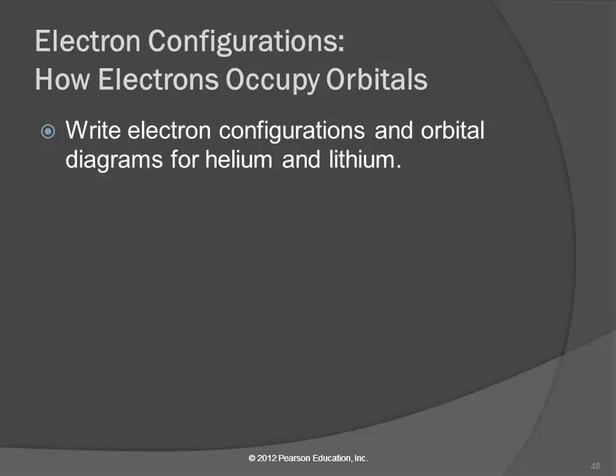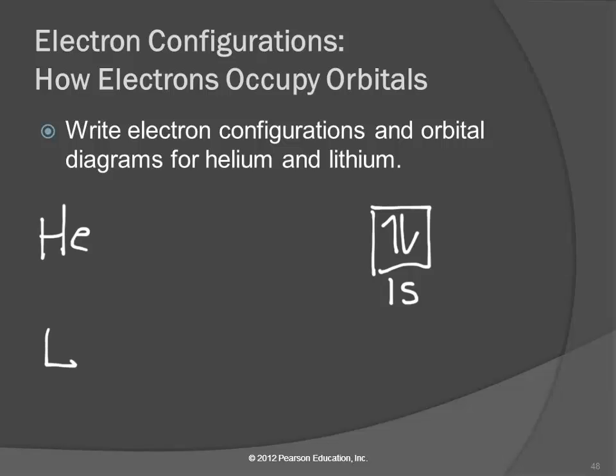So let's write electron configurations and orbital diagrams for helium and for lithium. Well, I already did the orbital diagram for helium. So that's helium, and down here we'll do lithium.